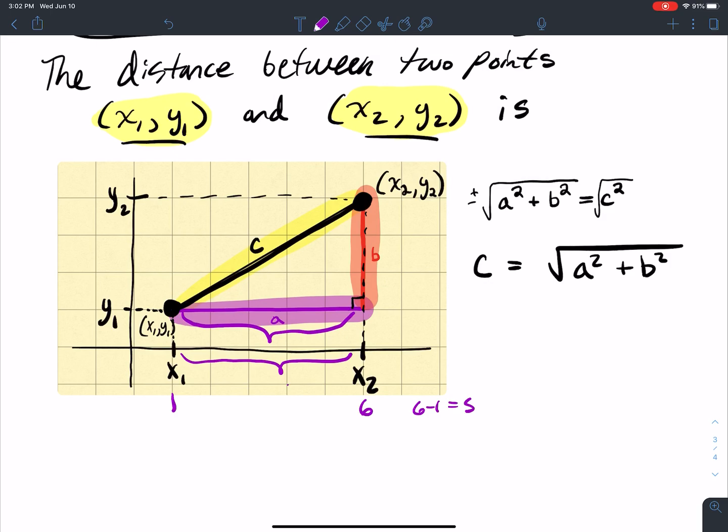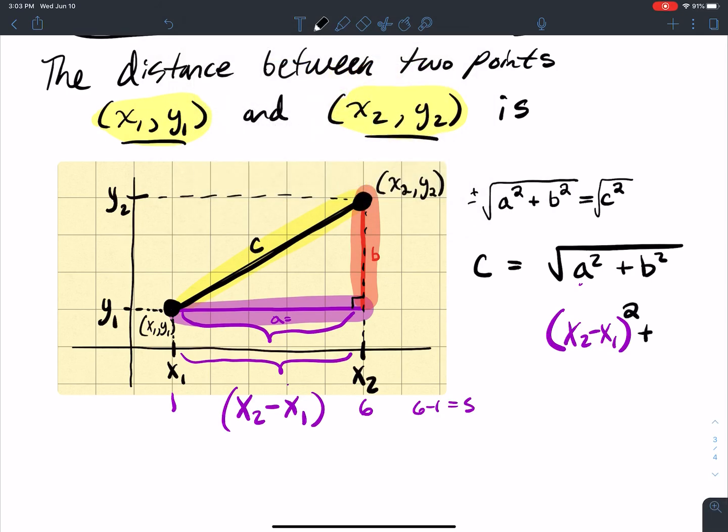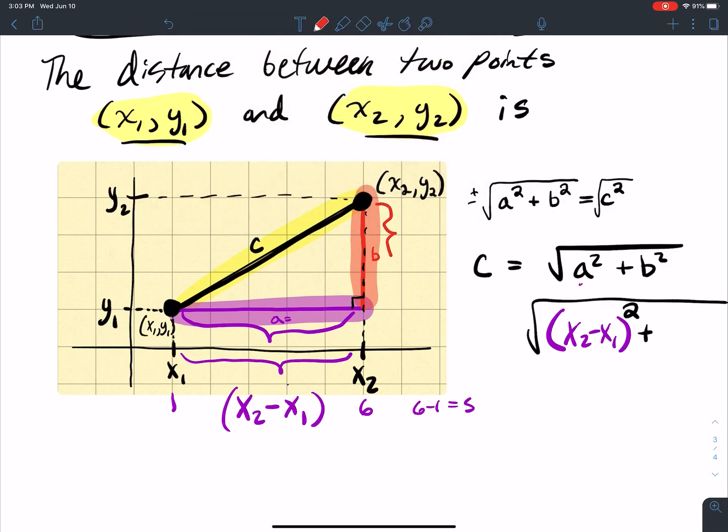So what do I do in general? I do x2 minus x1, and that gets me my A there. So I'm going to replace this A with x2 minus x1, and then I square it, and then I have plus, okay? And then the upside here, well, what is that?